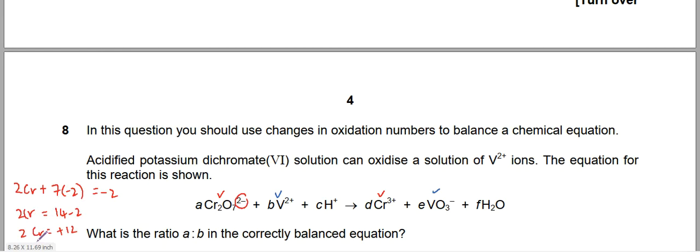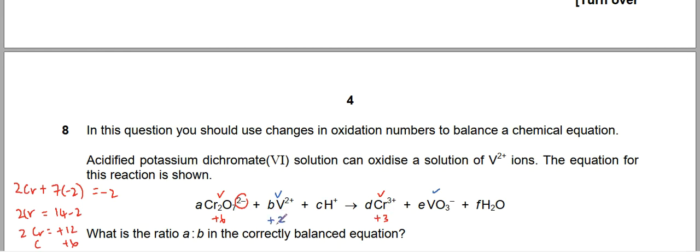So the oxidation number of chromium is plus 6. Initial is plus 6. We use the same method for the rest. The final chromium is straightforward, it's just plus 3, so a reduction occurred here.